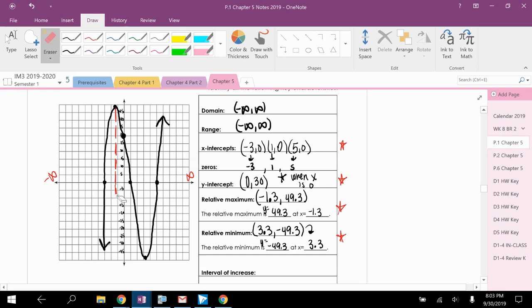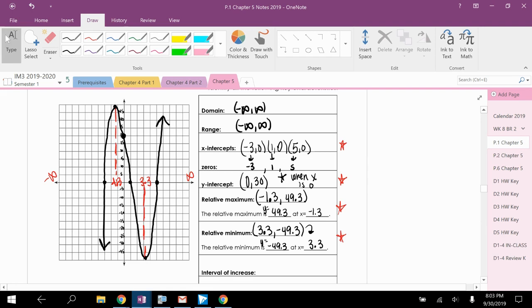So I'm just going to write that in for myself. So negative 1.3 is where the x value is of my relative max. And I'm going to draw in my 3.3 here, somewhere around there. So 3.3, that's going to help me with my interval of increase and decrease.